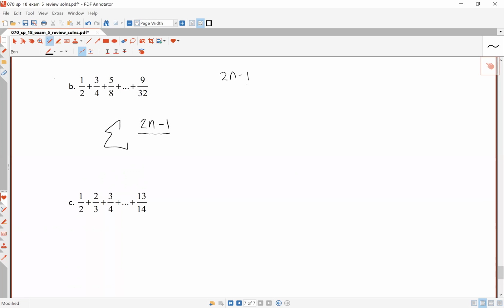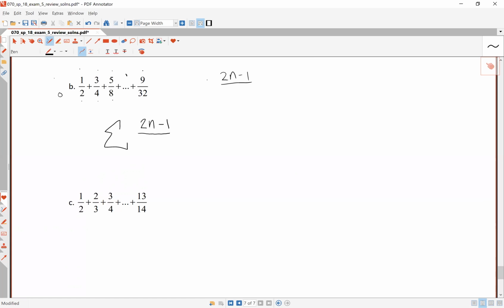The denominators, they're adding 2 each step, and the 0th term on that one would be a 0, so they're all 2n. 2n minus 1 over 2n. Sorry, those denominators, 2, 4, 8, 16, 32, are not being multiplied by 2.